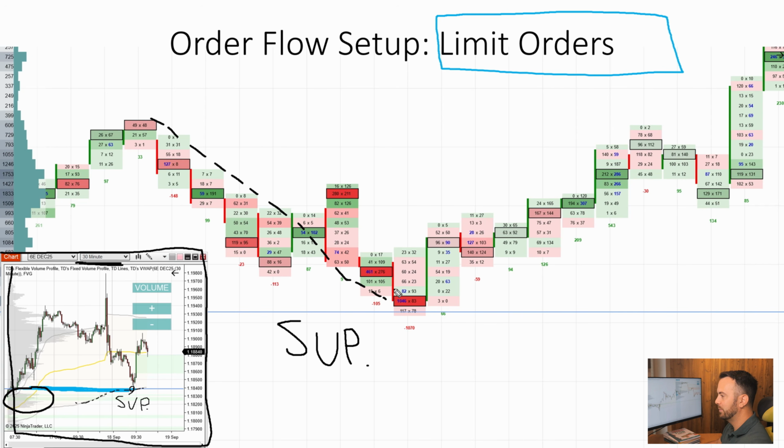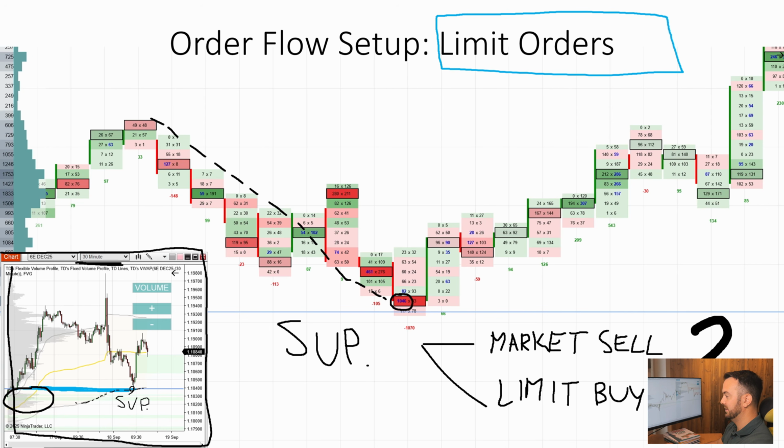And when it hit the support, 1046 contracts showed up just one tick above that support. Now you need to think what this represents. Since this is at the bid, it could mean either an aggressive seller with a market sell order or a limit buy. Which one is it? What's more likely?